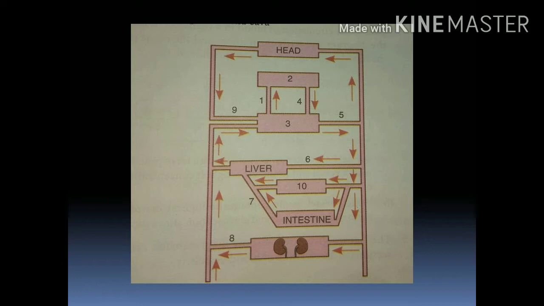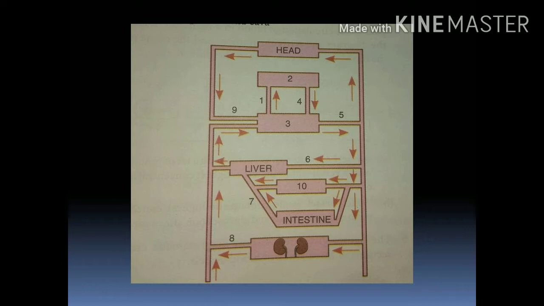And number 5 is the aorta, because it is leaving from the heart. And number 6, that blood vessel is entering the liver, that is the hepatic artery, because it divides from number 5, the aorta. So from the aorta, when it enters the liver, it divides to form the hepatic artery.